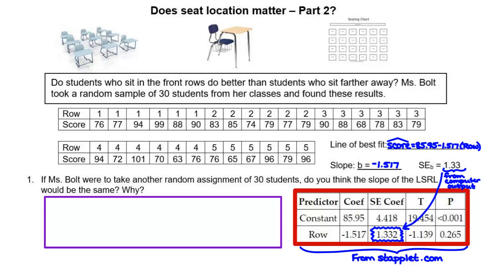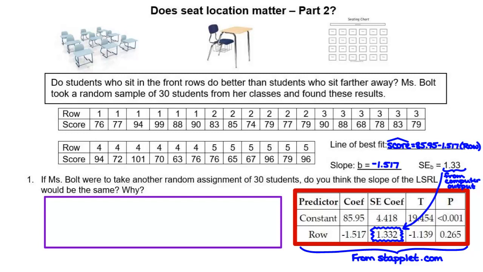If I were to take another random assignment of 30 students, do you think that the slope of the least squares regression line would be the same? Do you think we would come up with exactly negative 1.517, if I did another random assignment?